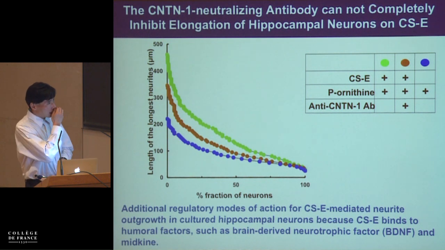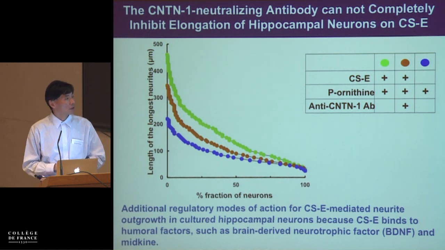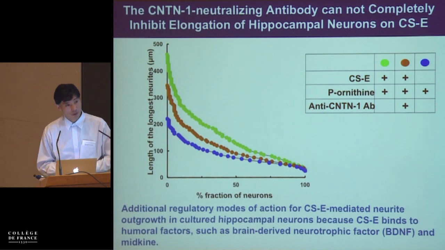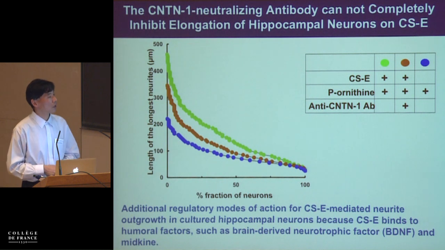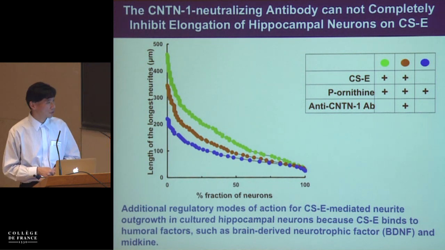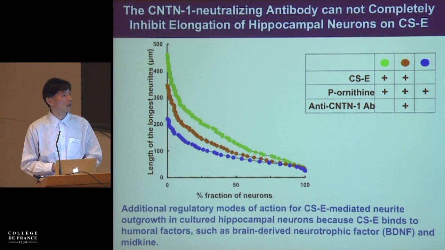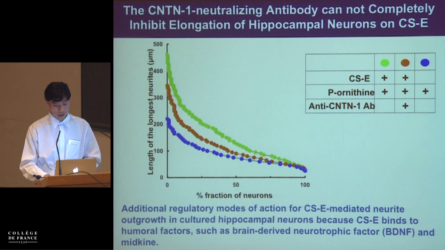These results suggest that there are additional regulatory modes of action for chondroitin sulfate E mediated neurite outgrowth in cultured hippocampal neurons, because chondroitin sulfate E binds to humoral factors such as brain-derived neurotrophic factor BDNF and midkine.